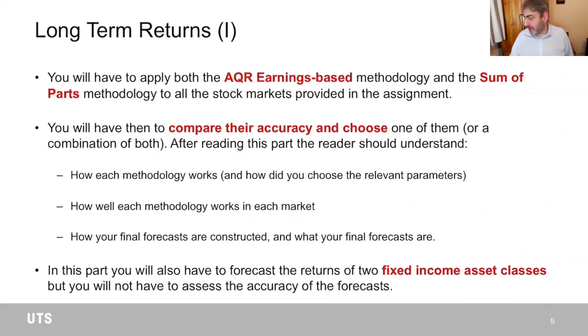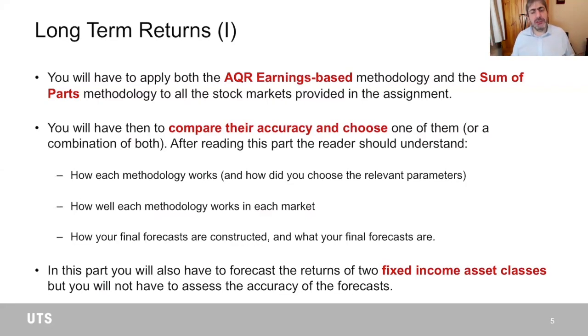So no dividend discount model, because we have seen that doesn't work very well anyway. So you will have to apply these two methodologies to 7 different stock markets that you have in the assignment data. You have US large cap, US small caps, developed market, emerging market, Japan, UK, and a couple more, 7 markets.